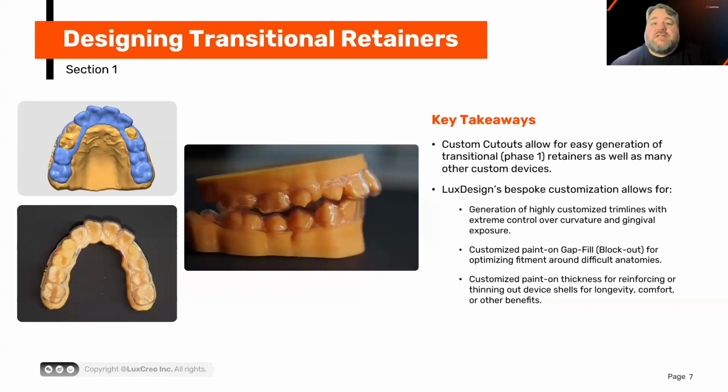LuxDesign's other customization tools allow for customizing trim lines that consider the curvature and gingival exposure, using intuitive painting tools to optimize fitment around difficult anatomies, like the lingual bars, or for reinforcement of the shell. The list goes on.